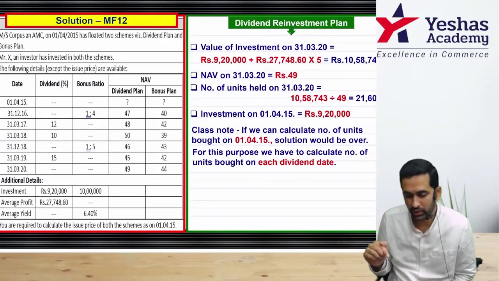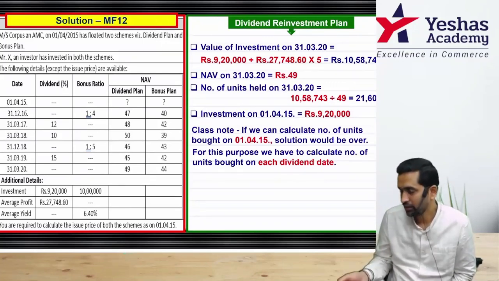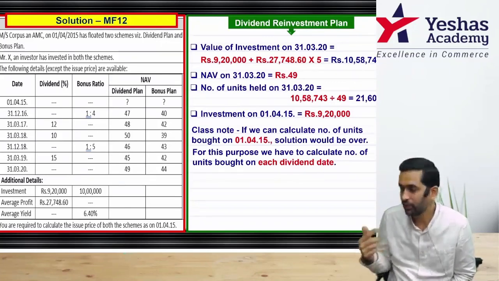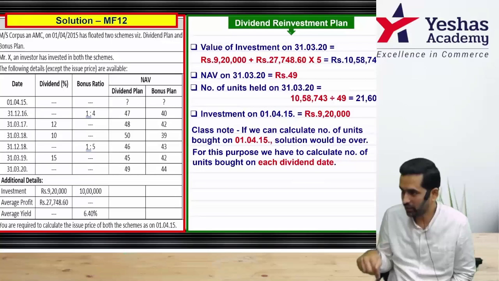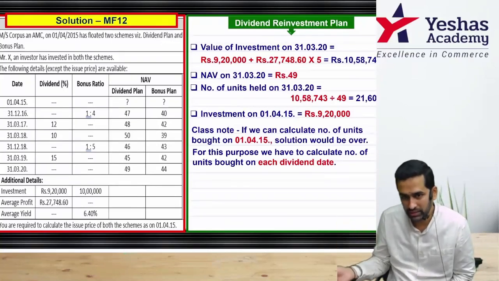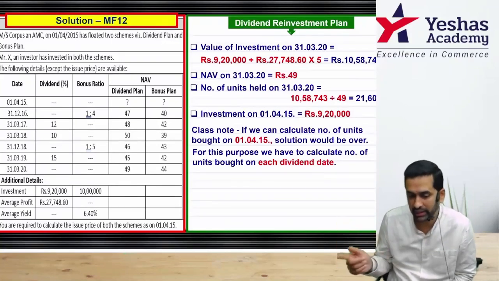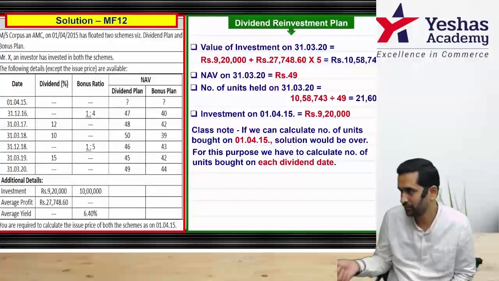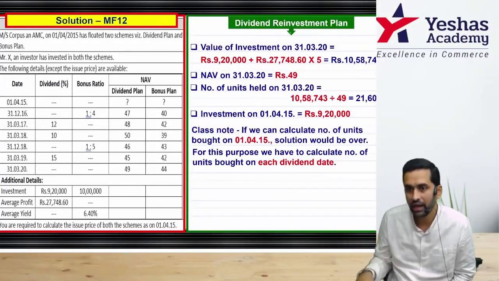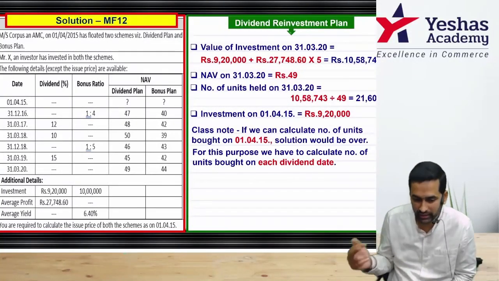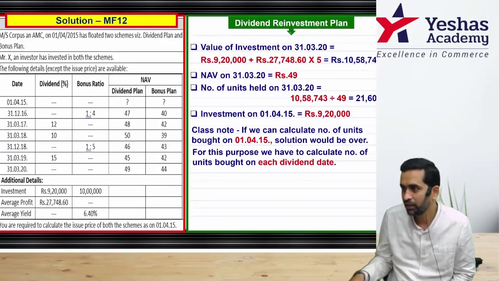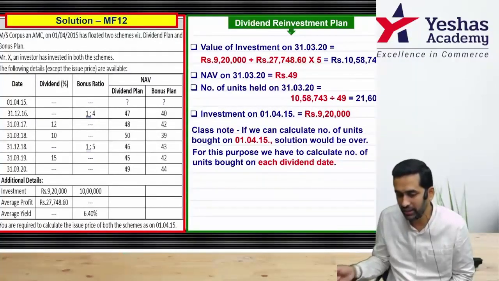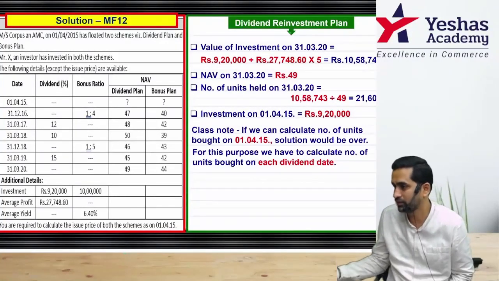There was dividend paid on 31/3/17, correct? That dividend will not be paid. You will have units allotted. That will be the new base. On that, again on 31/3/18, some dividend will be calculated, but amount won't be paid. Again, you get some units allotted. Then there is one more dividend at 15%. You get that. After considering that, you reach this number 21607.